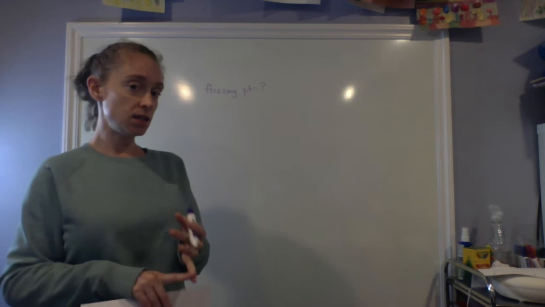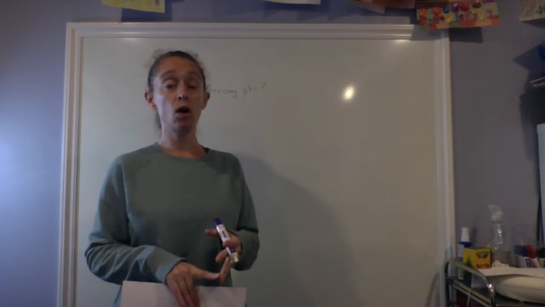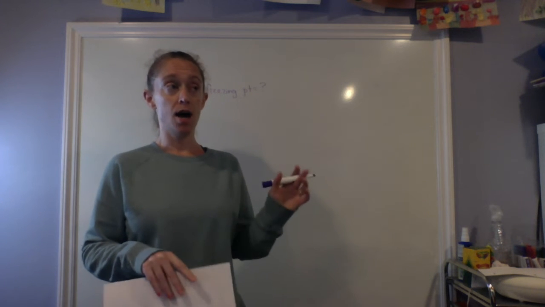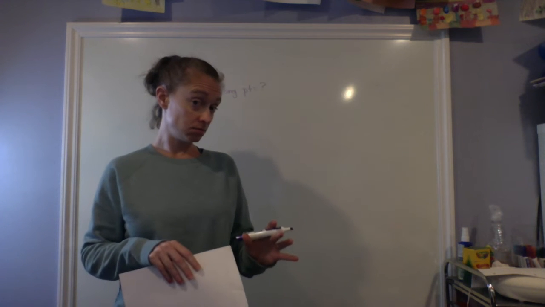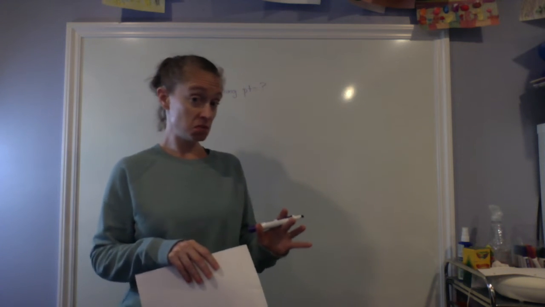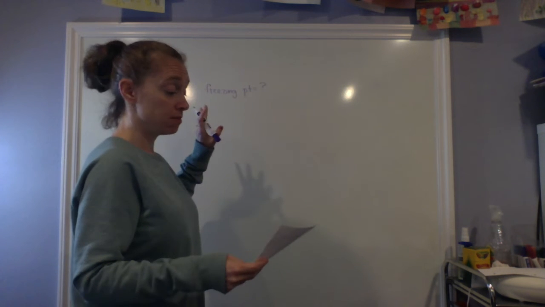Anytime you see the word non-electrolyte or covalent, we know we're talking about that i. Remember we talked about the i? Maybe not from class. So our equation, we're talking about freezing point.